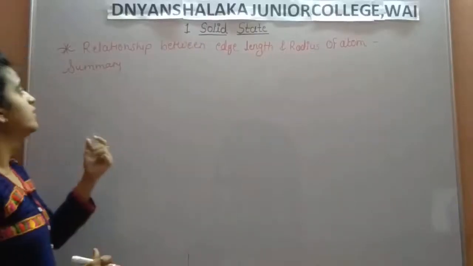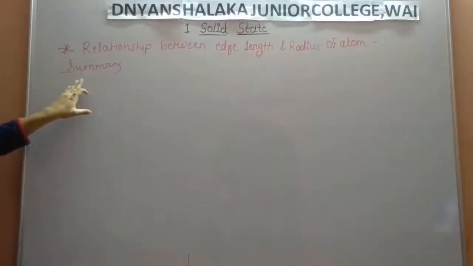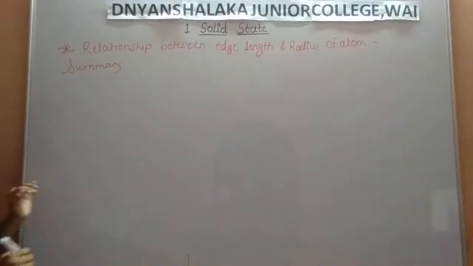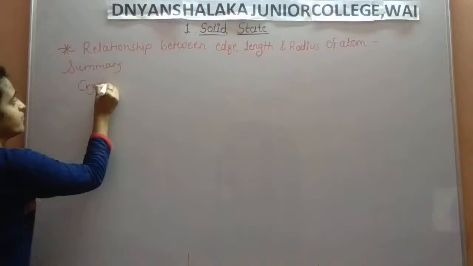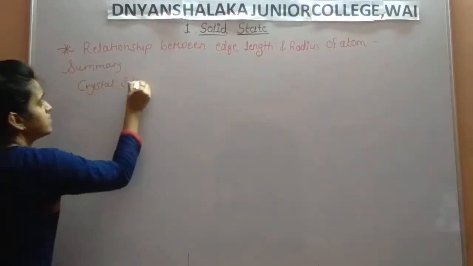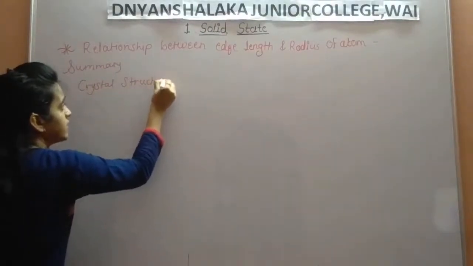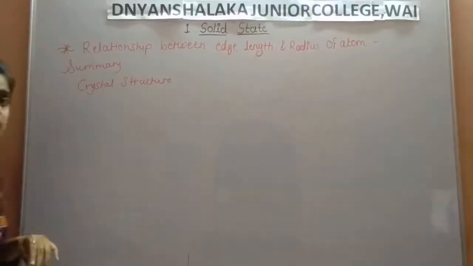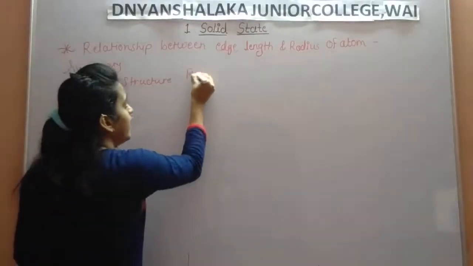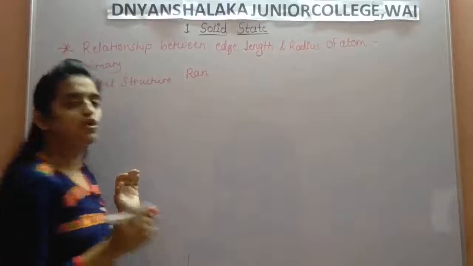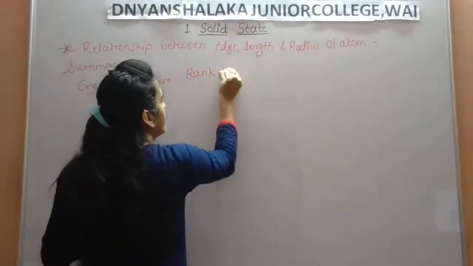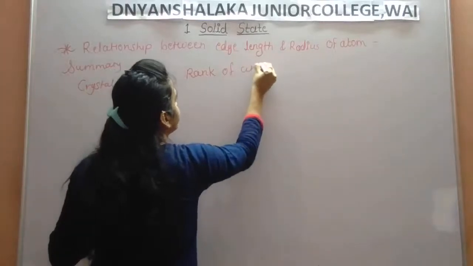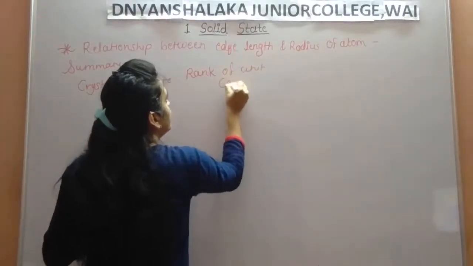So next we see the summary of this lecture. In this lecture we see crystal structure, means types of unit cell. Next, in the last lecture we saw the rank of unit cell, means the total number of particles participating in the unit cell.